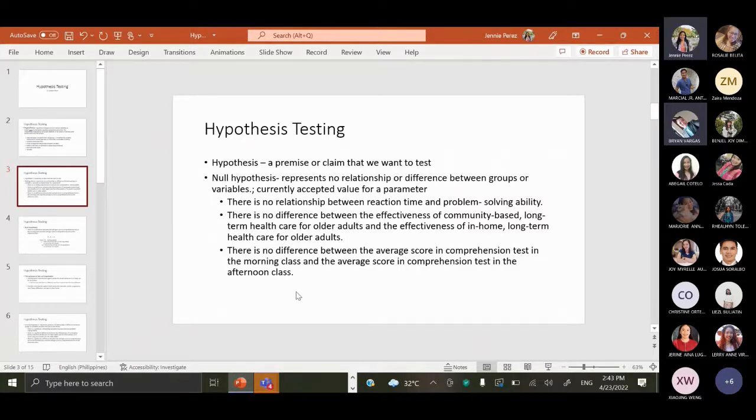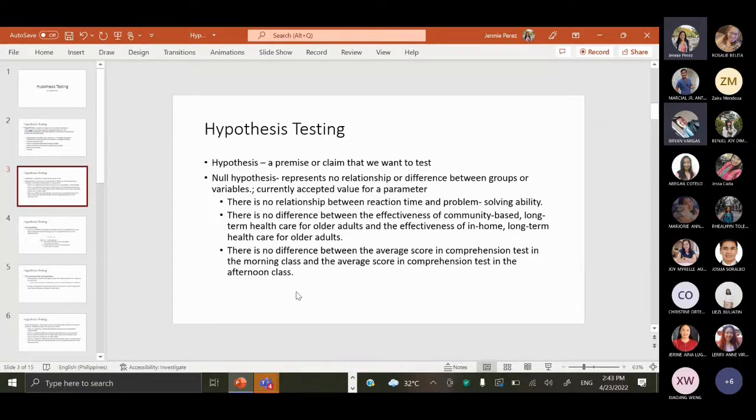So this is the null hypothesis. We always assume that the null hypothesis is true unless proven false.